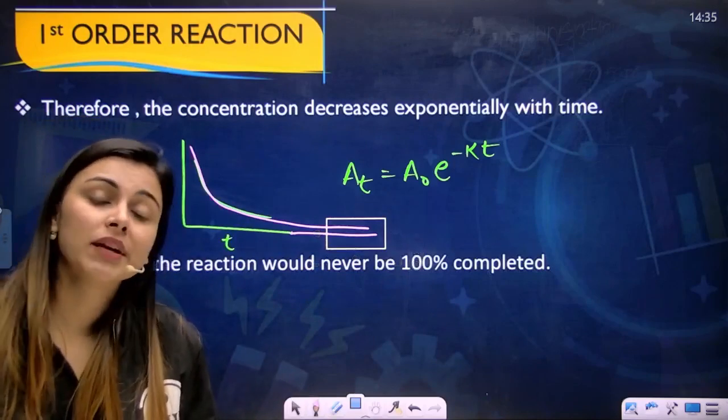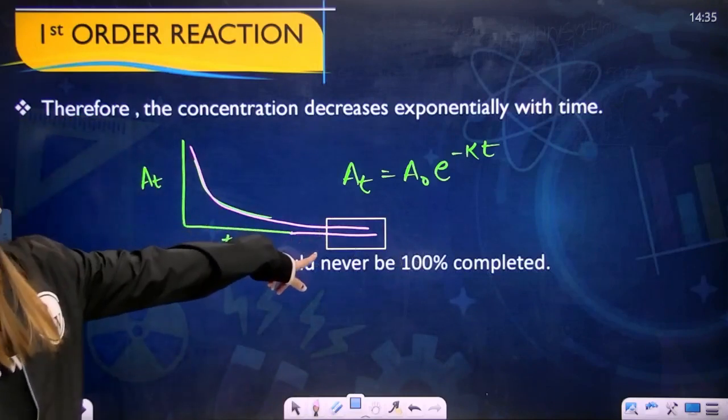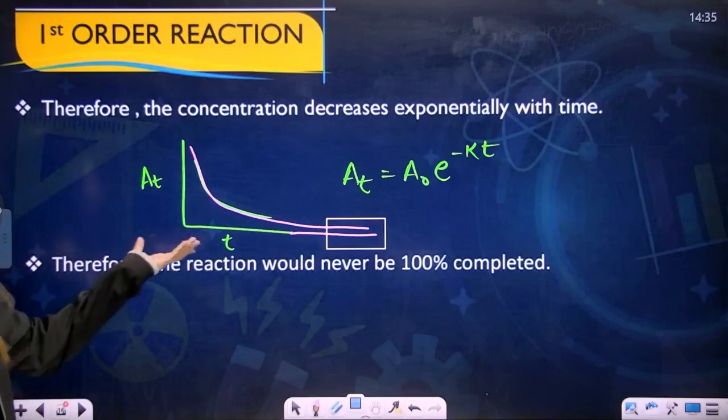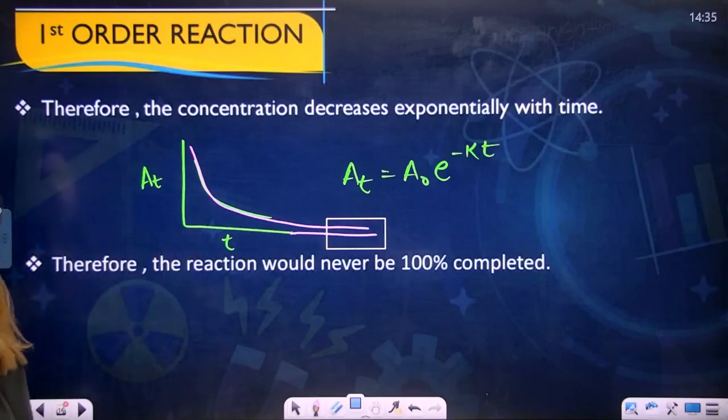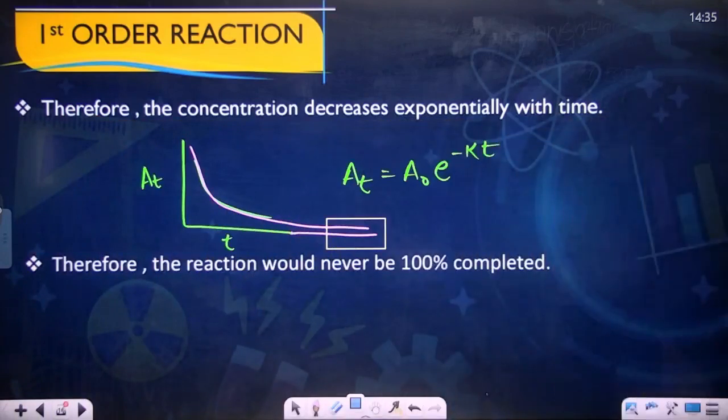You'll never get a time where the concentration cuts the x-axis, and that is the reason it will never be equal to 0. So this is the reason why the reaction is never ever 100% completed. Okay? I hope you're clear with this, my dear students.